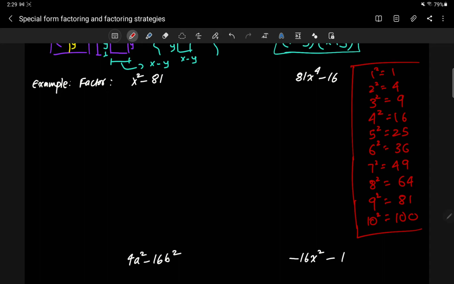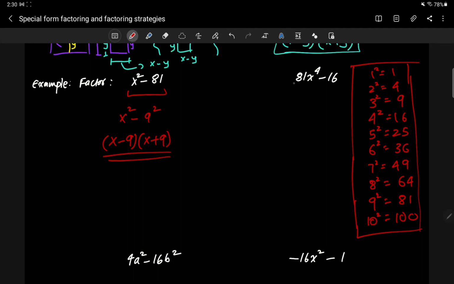Keep in mind that if you see one of these numbers, it might be a callback to factoring by difference of squares. For the first 10 numbers, you should be familiar that these numbers are squares. With that in mind, this is x squared minus 9 squared, so this becomes x minus 9 times x plus 9.